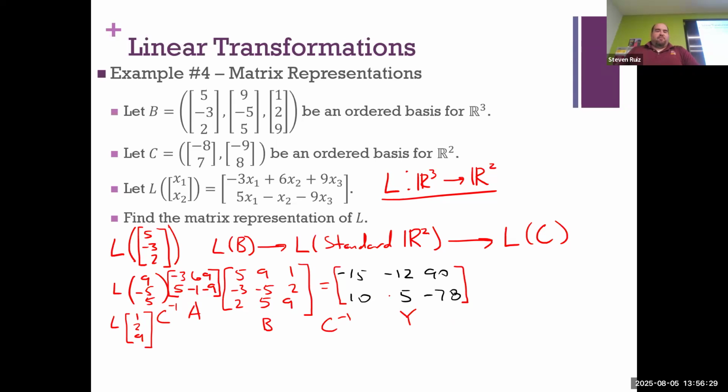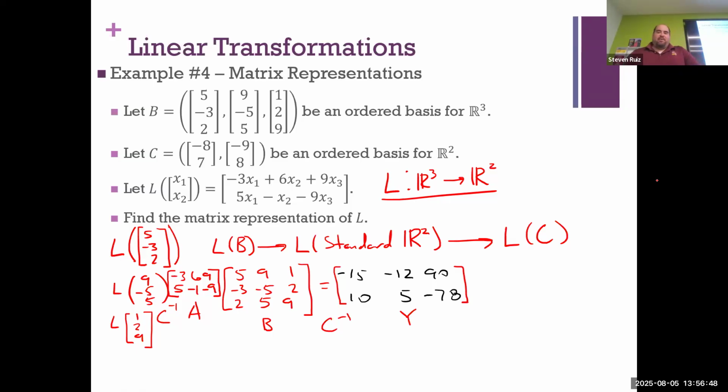What was the thing I was trying to solve for in all this mess? But yeah, I want a matrix representation for L. But what matrix is going to do that? It's going to be a combination of a bunch of things.